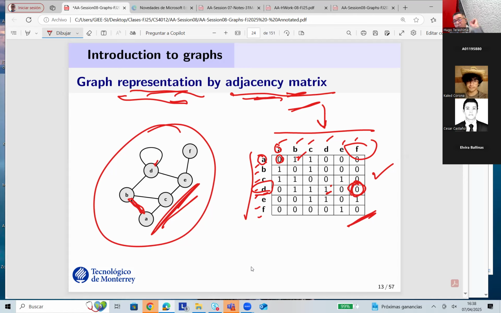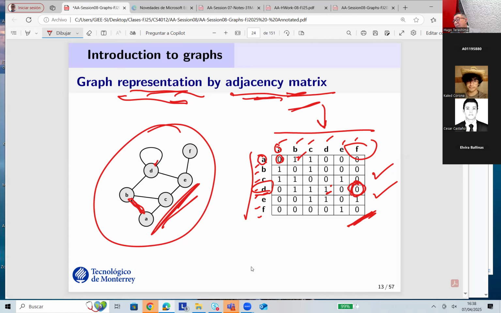So it is easy to access the cell and get the information about the connection between the two nodes, because you go straight to the cell.